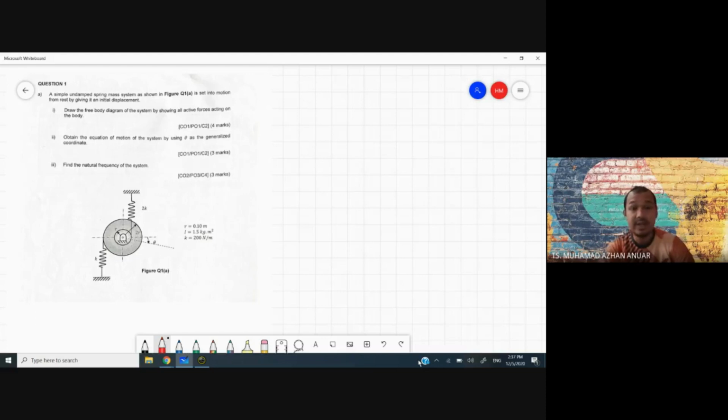It is an undamped system, which means you only have the mass and spring in the system without damping, as shown in the figure, and it is set into motion from rest by giving it an initial displacement. To make it vibrate, you should give the initial displacement to the system and then let it go. It means that you give an initial disturbance to the system.